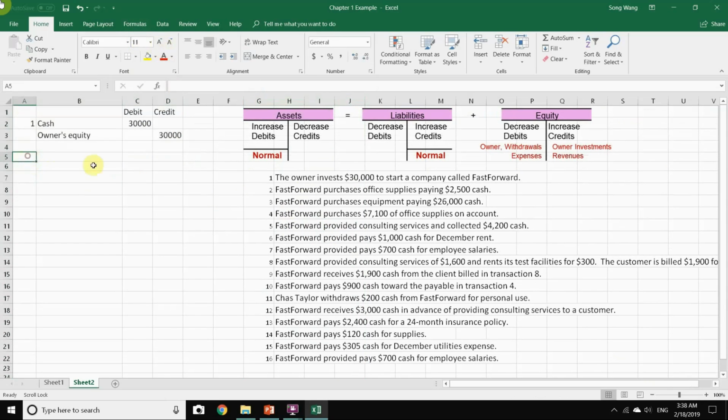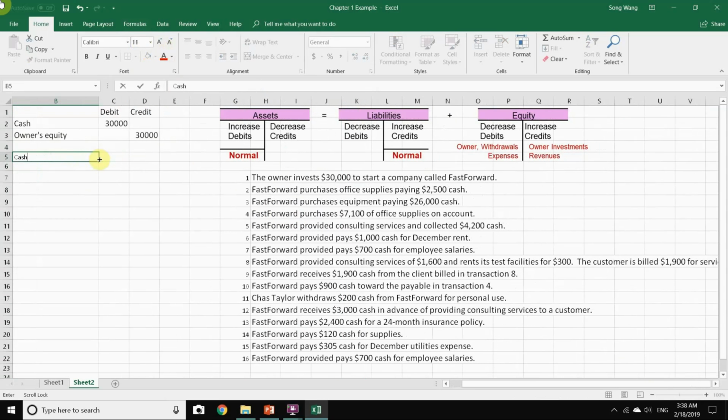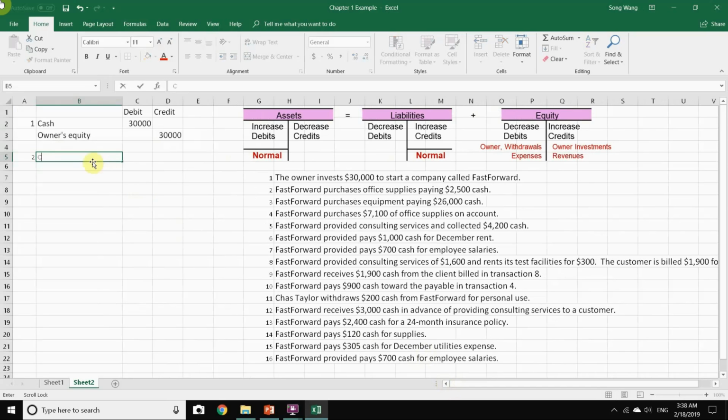All right, the next one, second transaction. So what happens there is the company uses the cash to purchase supplies. So the cash actually has a deduction. Okay, so what happens to cash is a deduction, and because it's assets, so when assets decrease, that's a credit. So that's a 2,500.